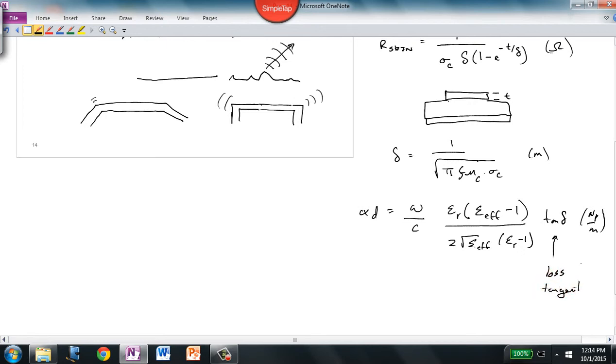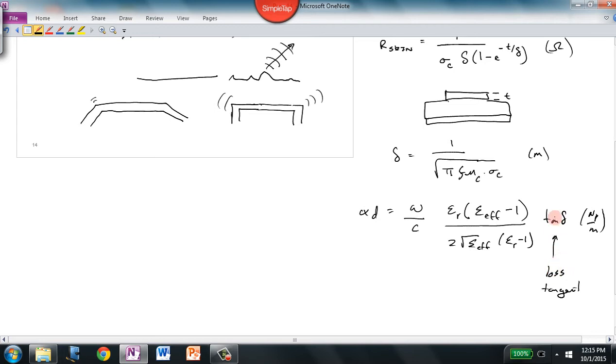It is typically a value that you will get from a data sheet. It is not the tangent of delta. That's not how you calculate it. Calculating tan delta is a little bit beyond the scope, not a little bit, it's a lot beyond the scope of this class. It's kind of an advanced electromagnetic materials question.